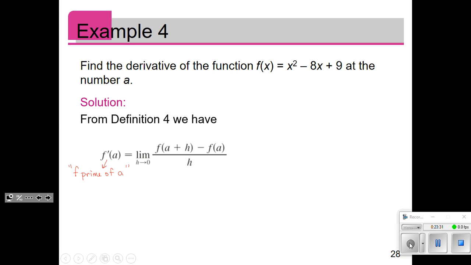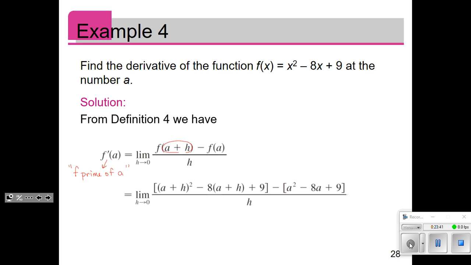So what do we do with that? Okay, we apply it to our function. And this is where it gets ugly. Okay, so this a plus h is again going in place of x. This a is going in place of x.